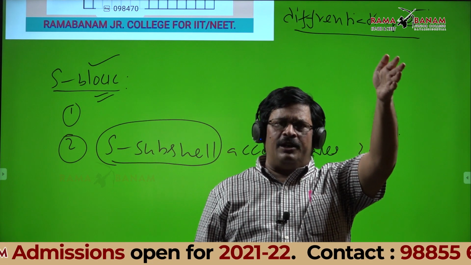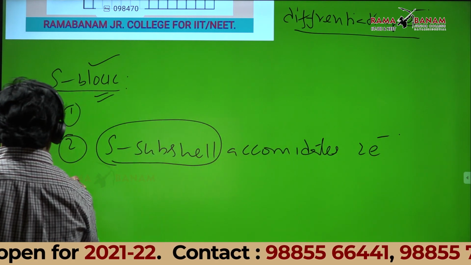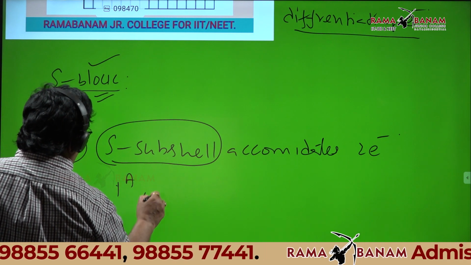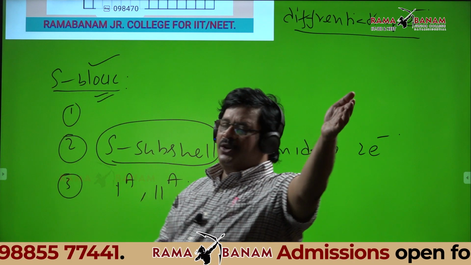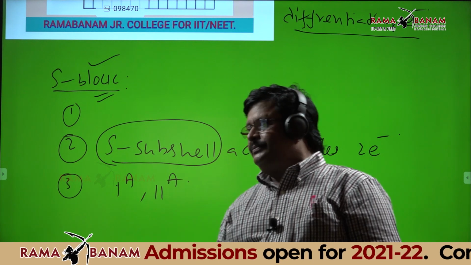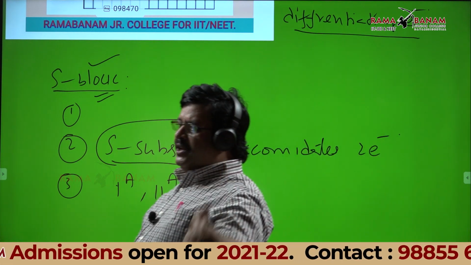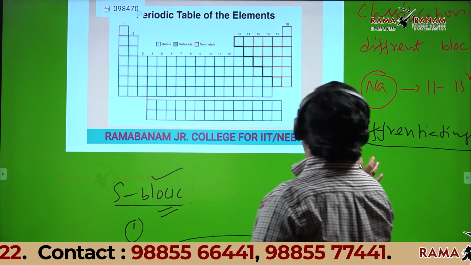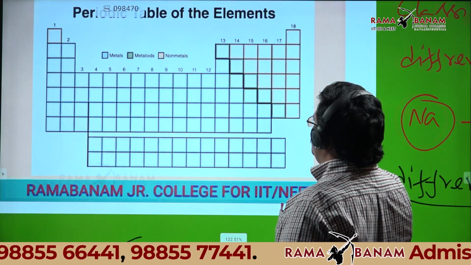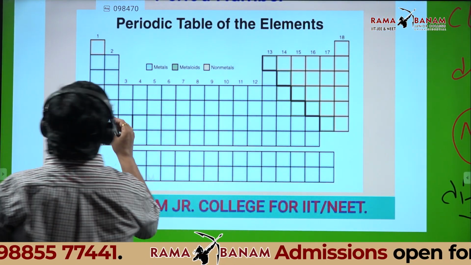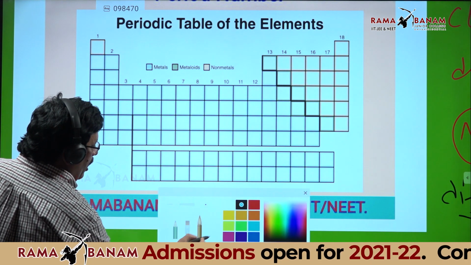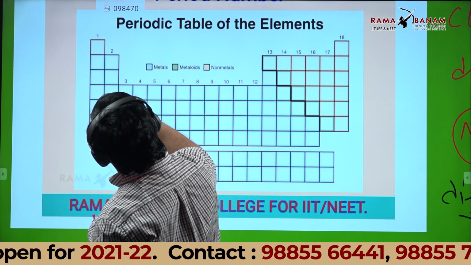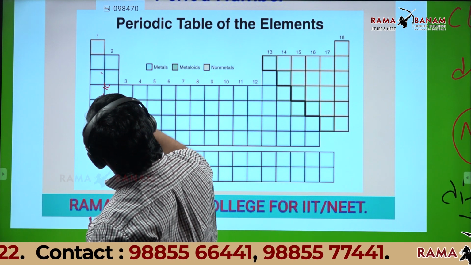Can anyone tell what are the 2 groups in S block? Alkali metals and alkaline earth metals, column 1 and column 2, that is 1A and 2A groups. See this periodic chart, students. Which 2 groups come under S block here? These 2 groups are S block elements.